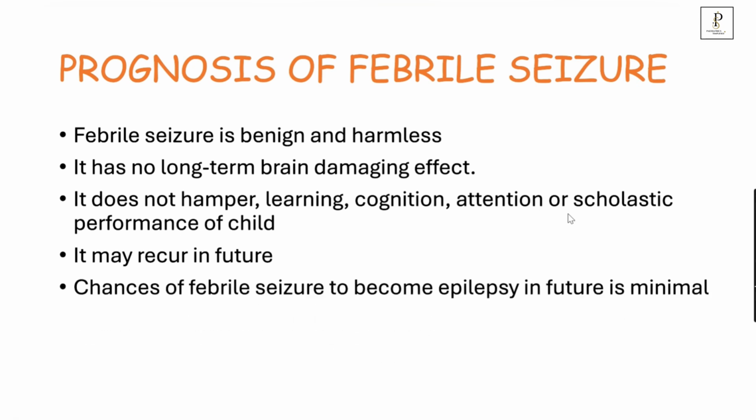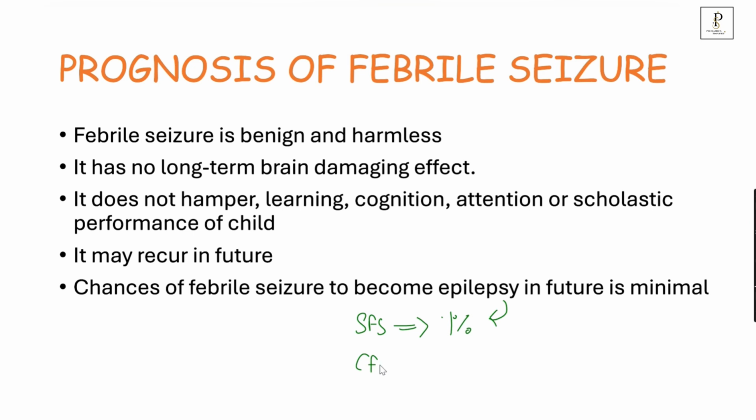What are the chances that febrile seizure of my child will develop into epilepsy in future? Yes, febrile seizure may develop into epilepsy in future. And what are the chances? It is more if it is a complex febrile seizure. If it is a simple febrile seizure, it is a 1% risk of epilepsy.